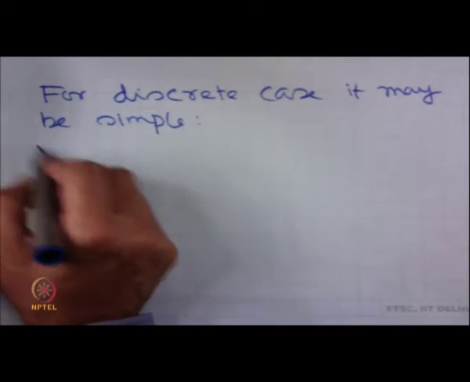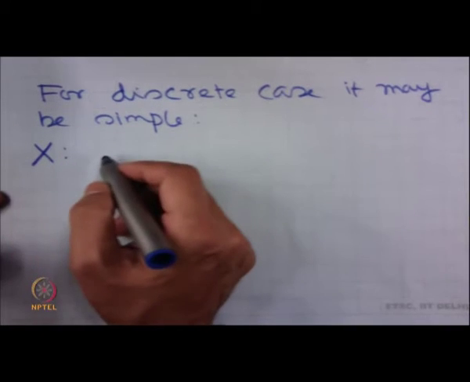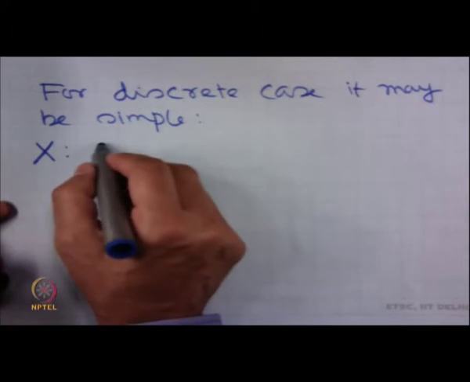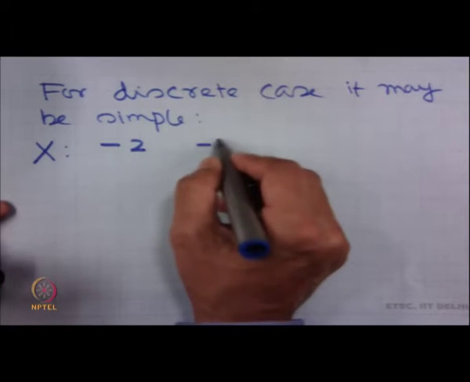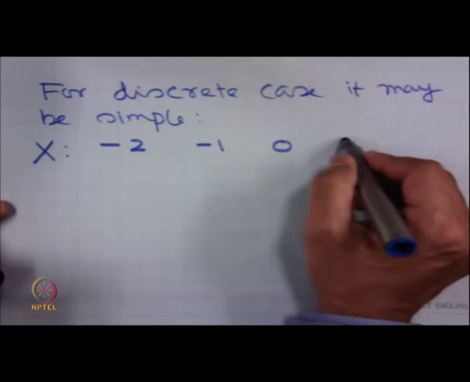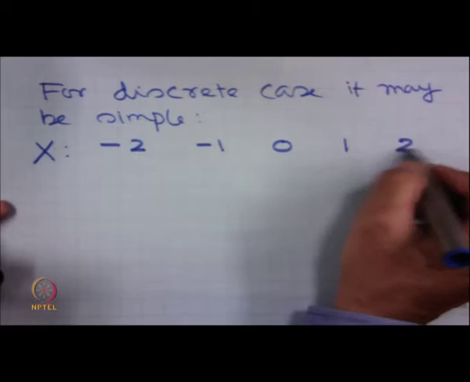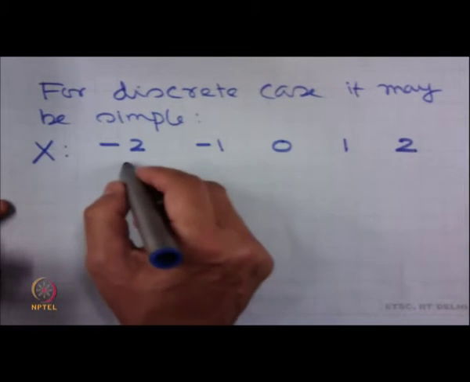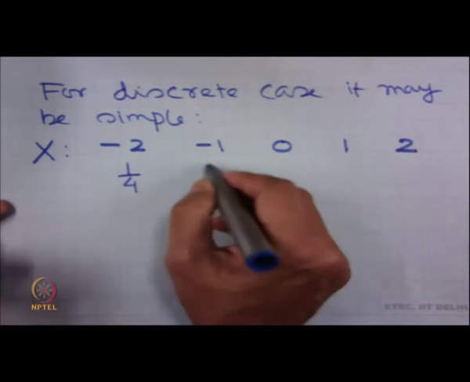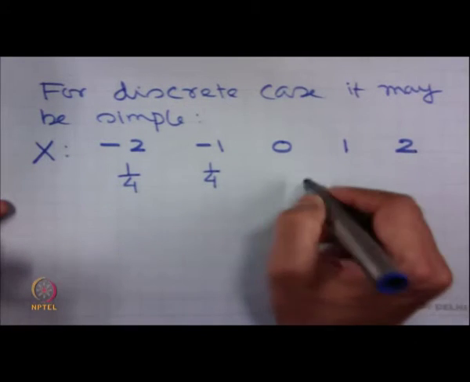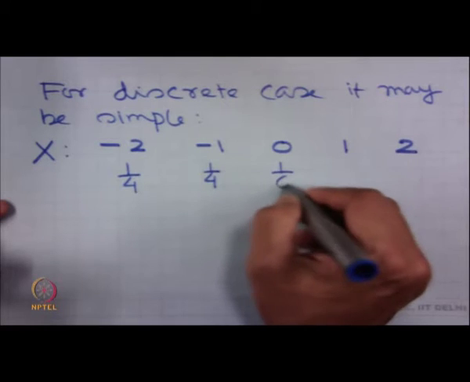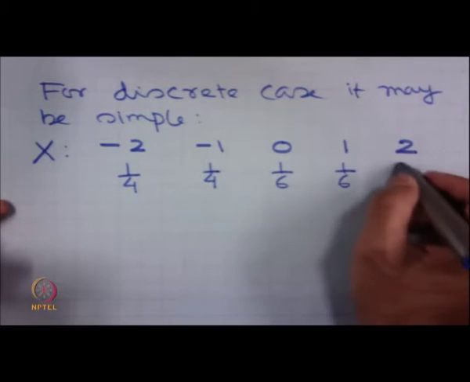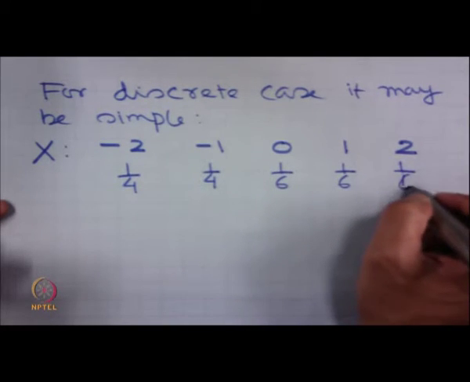For example, consider x which takes values -2, -1, 0, 1 and 2 with probabilities 1/4, 1/4, 1/6, 1/6, 1/6.